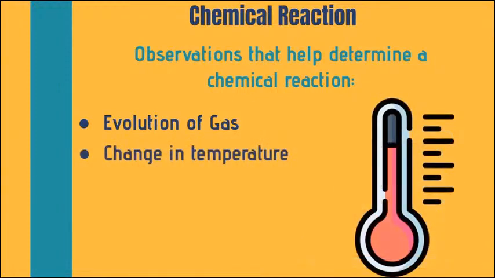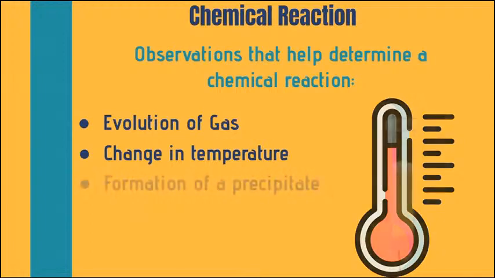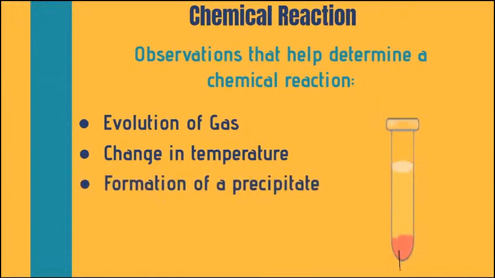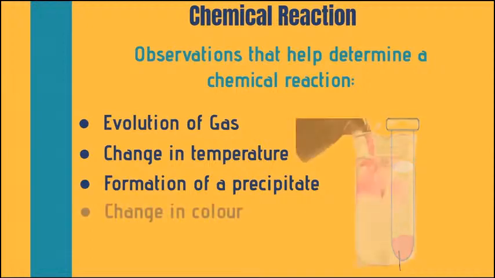Next comes the change in temperature. If you see a rise in the temperature, or if the temperature is lowered as you are mixing any two chemicals, then you can define it as a chemical reaction. And then formation of a precipitate. If you pour any two substances and you see any solid particles or precipitates forming at the bottom of the test tube, then you can say it's a chemical reaction.